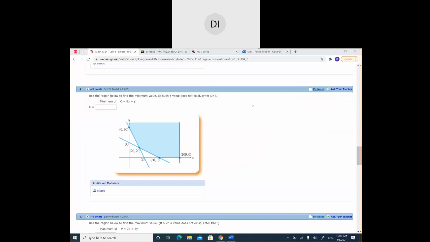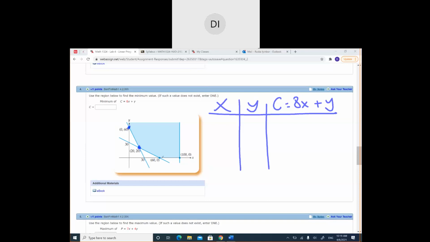So we're going to have x, y. So making the table. We have x, we have y, and you have the function, C equals 8x plus y. And then you're going to get all the points here, all the vertices, they're given already.